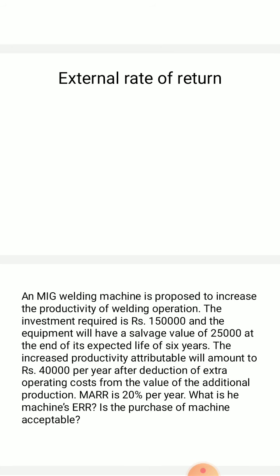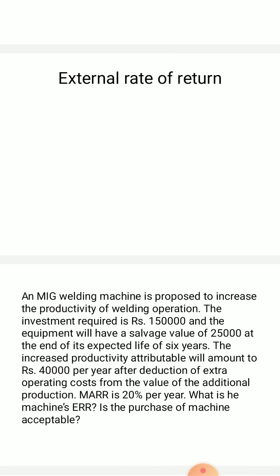In this external rate of return, suppose from one project the company gets some profit or revenue. That particular amount is invested in another project at its particular MARR value.